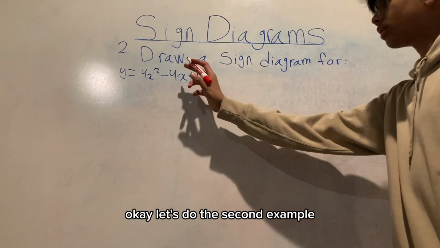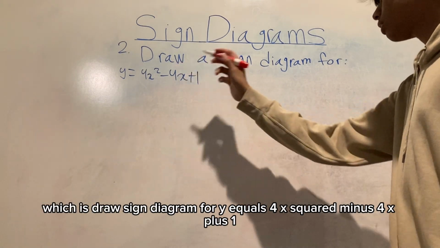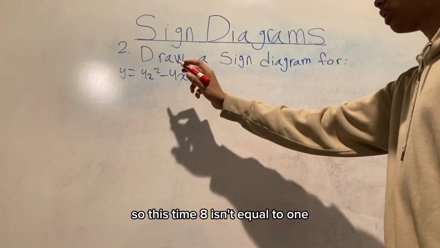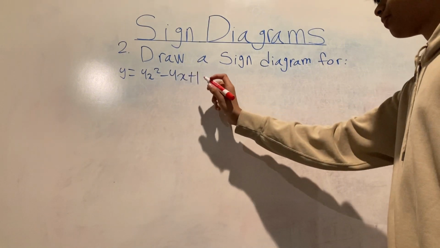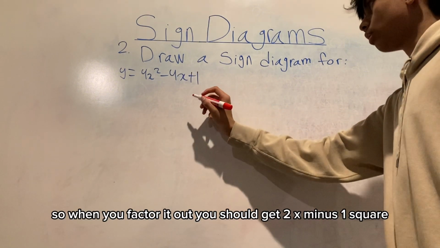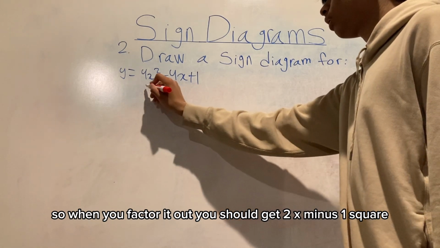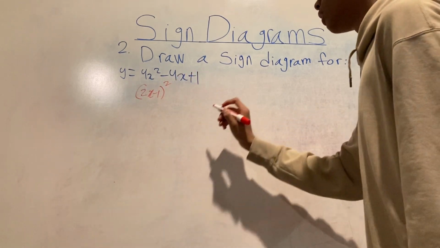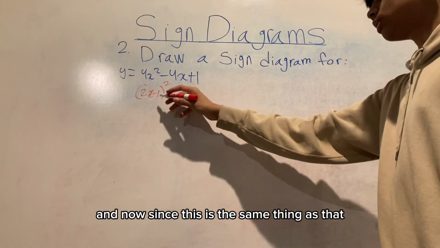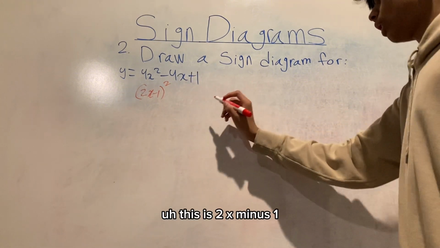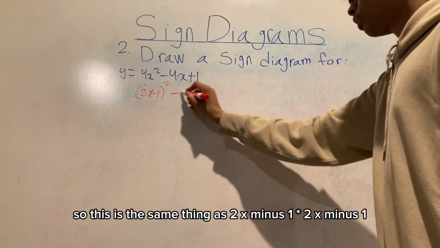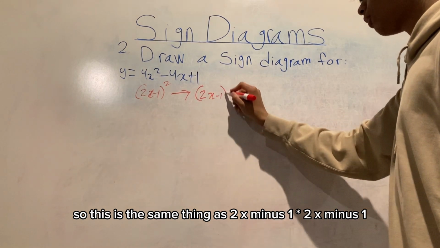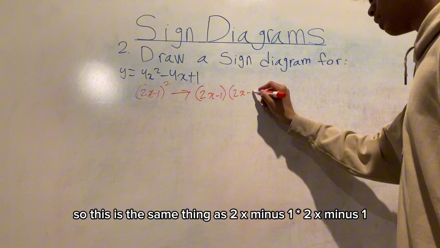Okay, let's do the second example, which is draw a sign diagram for y equals 4x squared minus 4x plus 1. So this time a isn't equal to 1, but it's the same process. So when you factor it out, you should get (2x - 1) squared. And now, since this is the same thing as that, this is (2x - 1) times (2x - 1).